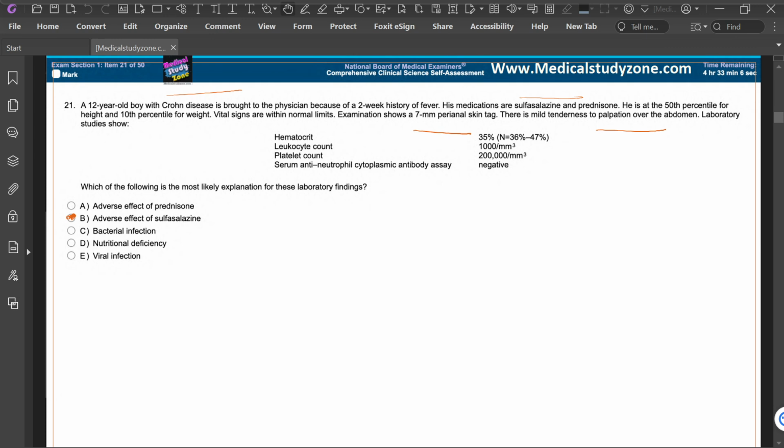Oh, lymphocyte count, I guess, is low. Yes, it is very low. Normally maybe 4,000 to 11,000. Okay, so low leukocyte counts mean neutropenia, and it happens due to drugs like sulfasalazine. Sulfasalazine is the most likely cause of the fever and leukopenia.